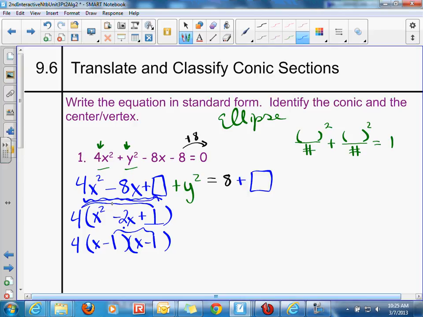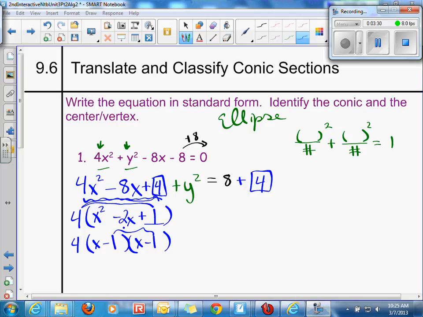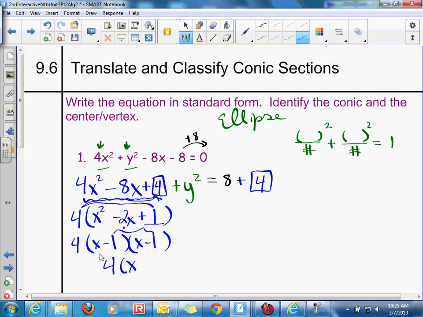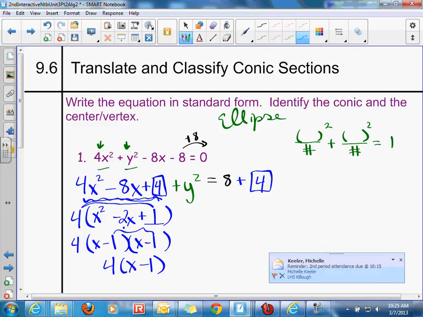So 1 times the 4 is 4 in the box. So I'm just going to simplify this and then work with the rest of the equation. You write it as one of the parentheses squared. And now I'm going to go up to get the rest of the equation.